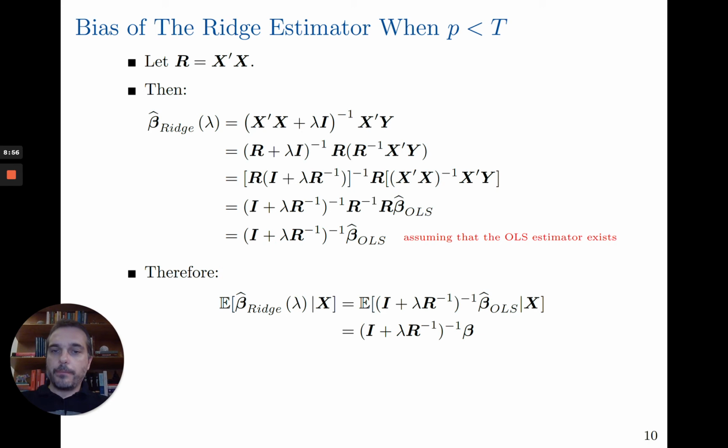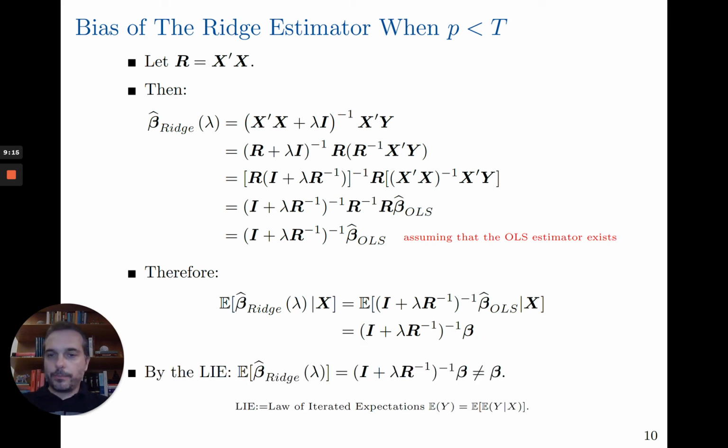Take the expectation again with respect to the distribution of x, and the law of iterated expectations will give us this term. So the expected value of beta ridge is different from beta. So the ridge is a biased estimator.